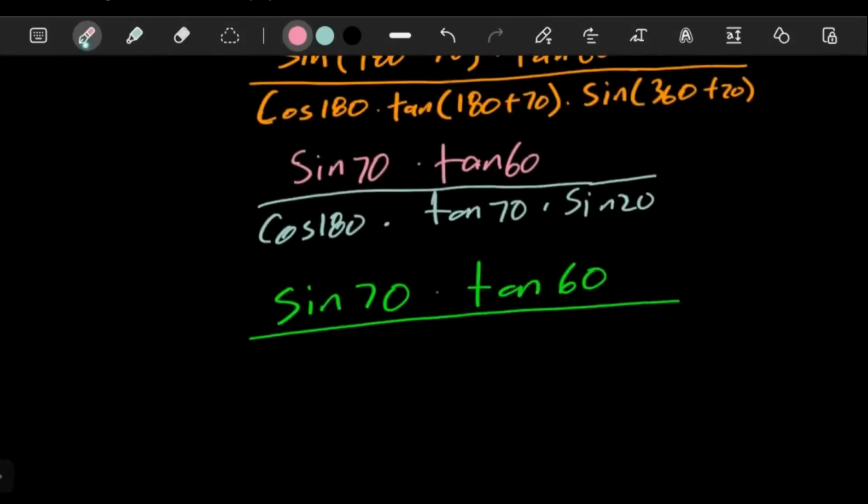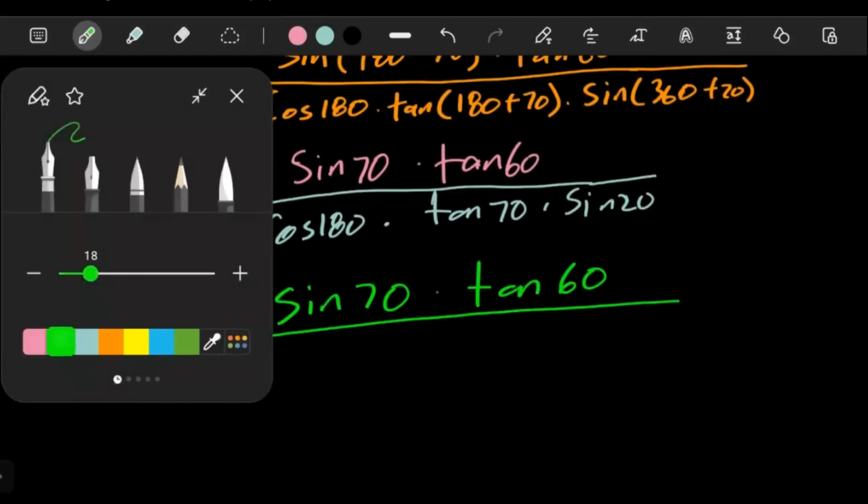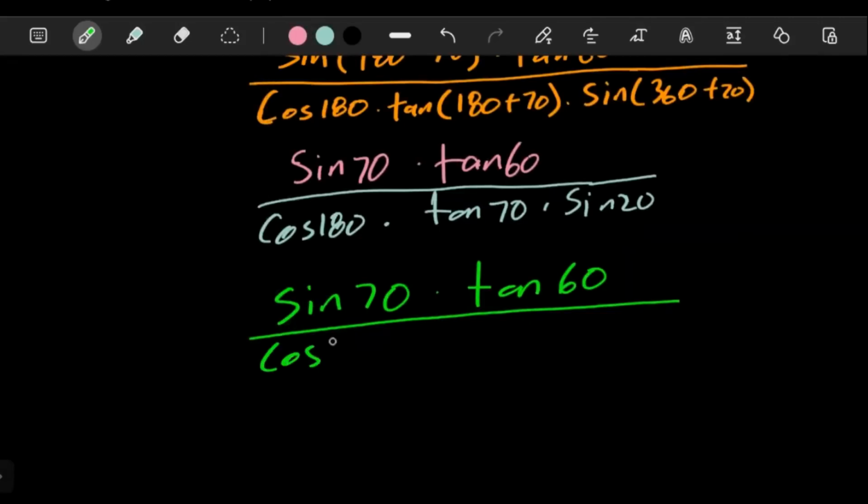What I want to do is write out, okay, let me not rush. Let me take my time because I want to show you something. Why did I just think of that? Okay, so this sine 20, right? You can change it to sine of 90 minus 70.